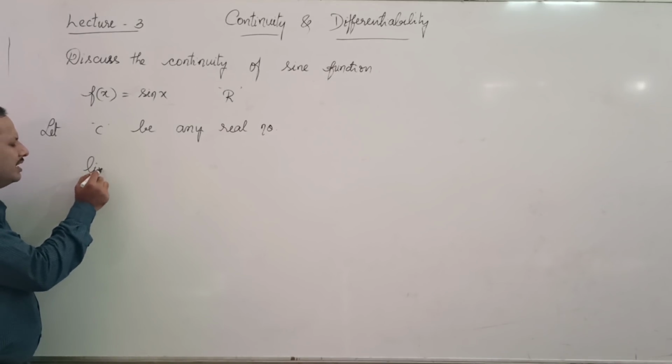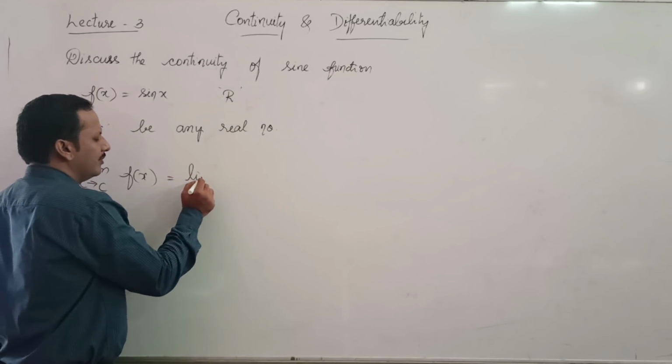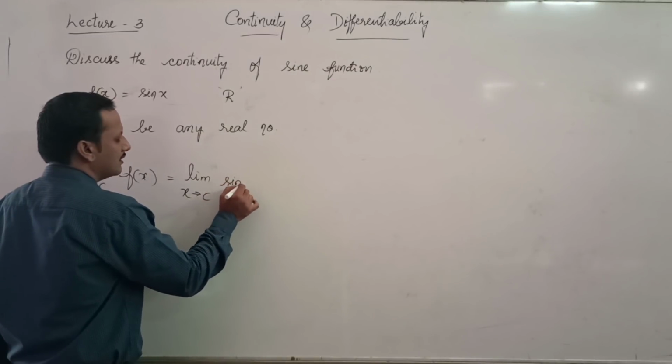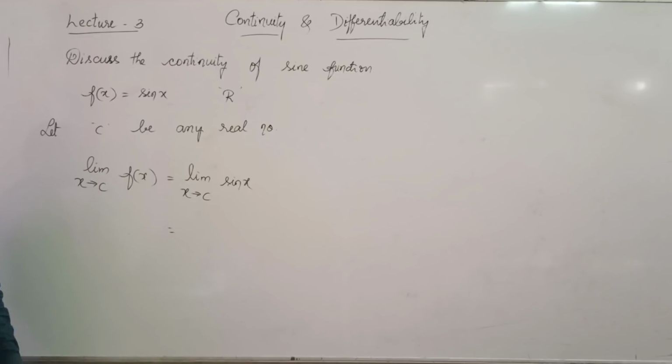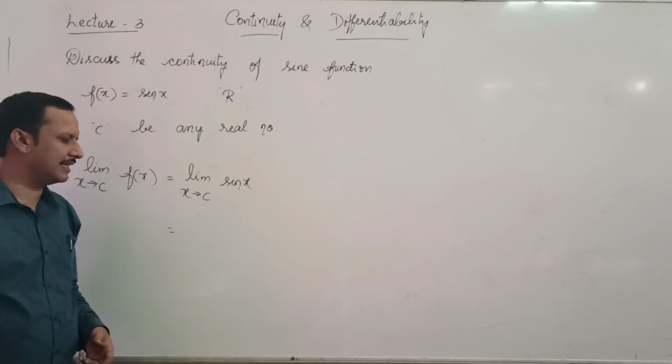Let us say limit x tends to C f of x. That is equal to limit x tends to C sin x. When x approaches C, what happens to sin x? Apply the limit.